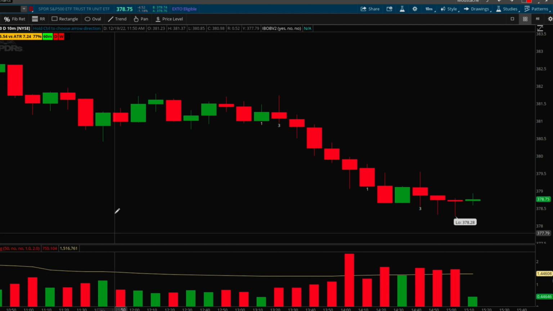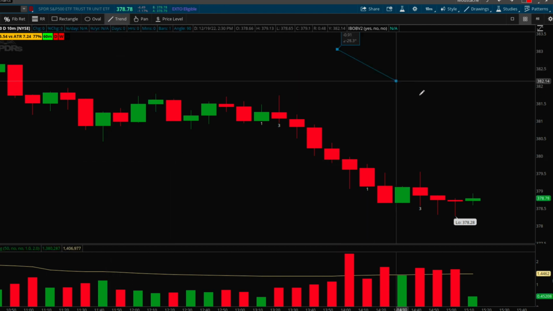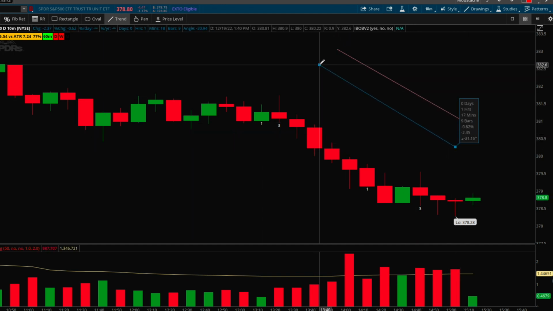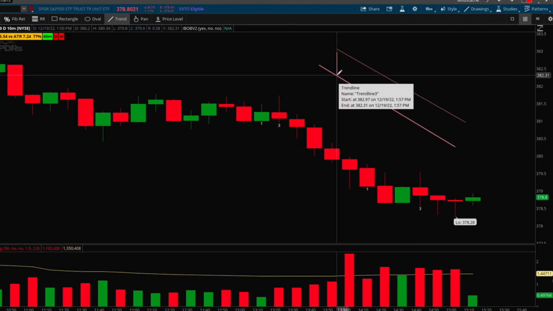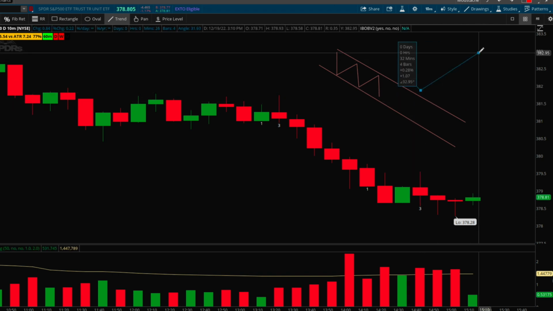Because what do we know about trends? A downtrend, we have lower lows and lower highs, just like this. We'll have price going like this: lower low, lower high, lower low, lower high, and so on. And then in an uptrend we have the opposite, right?